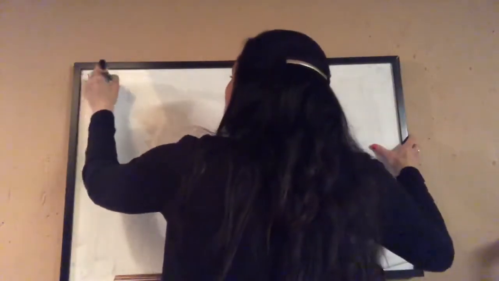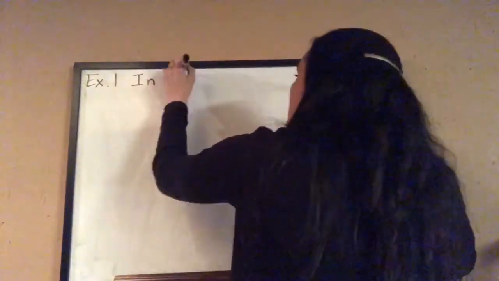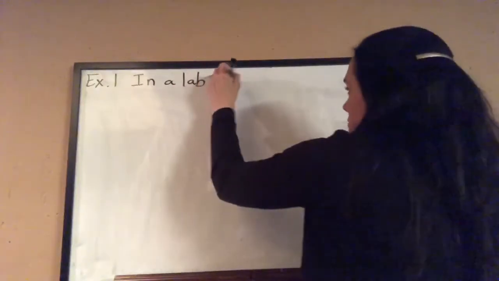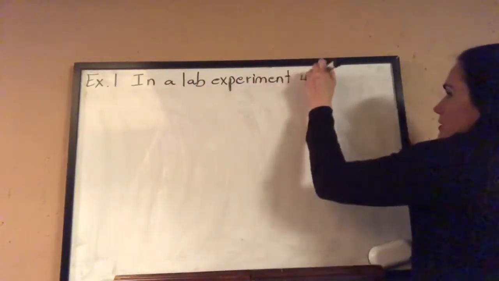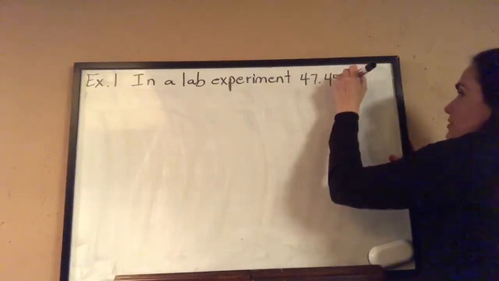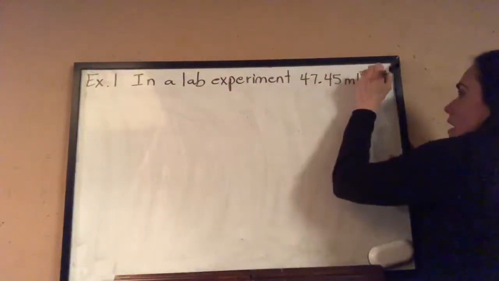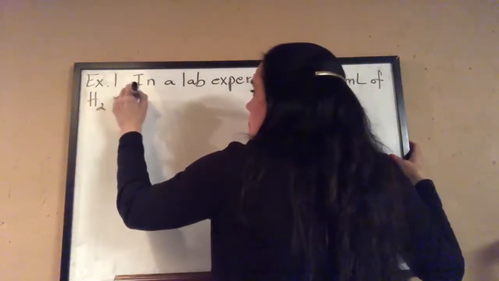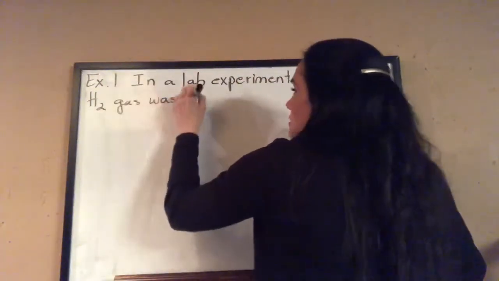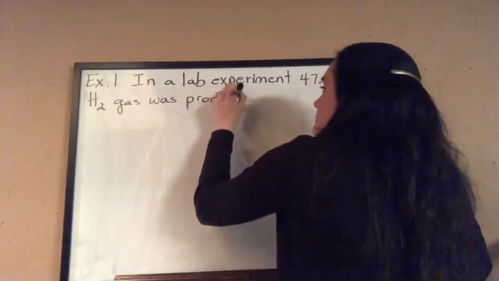Okay. In a lab experiment, 47.45 milliliters of hydrogen gas was produced. Okay.